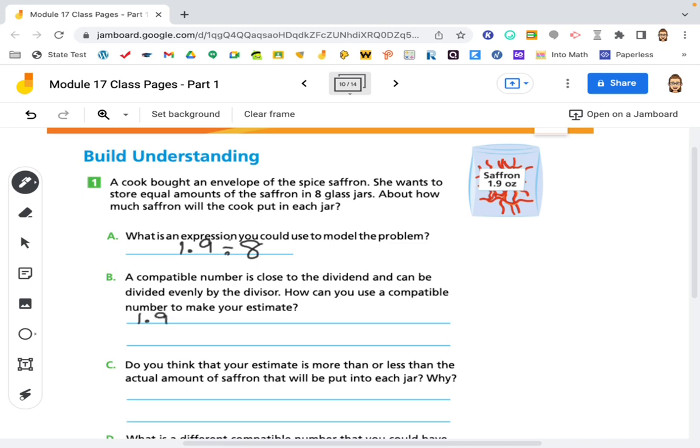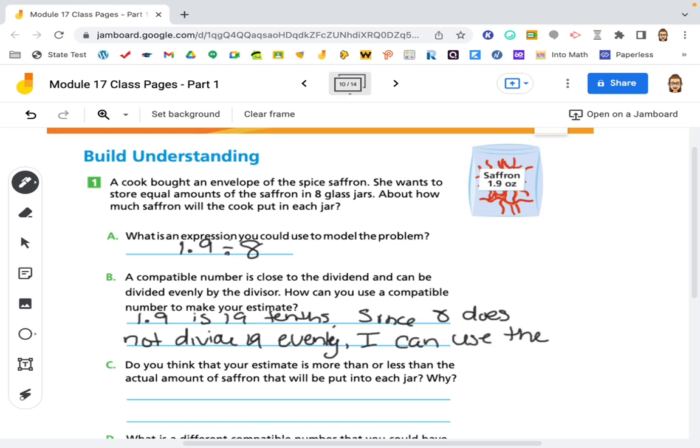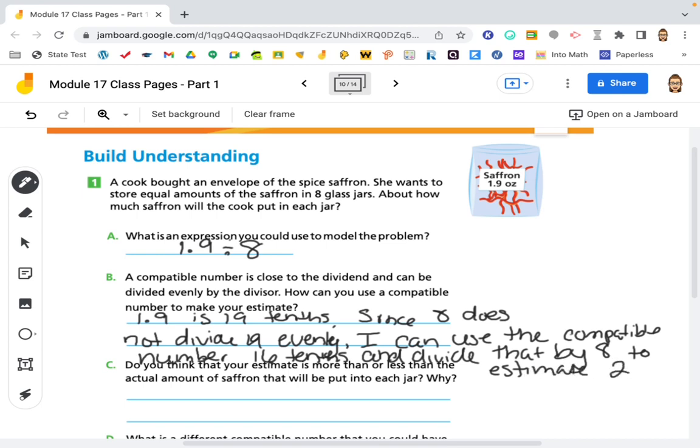Well, 1 and 9/10 is 19/10. Since 8 does not divide 19 evenly, I can use the compatible number 16/10 and divide that by 8 to estimate 2/10.